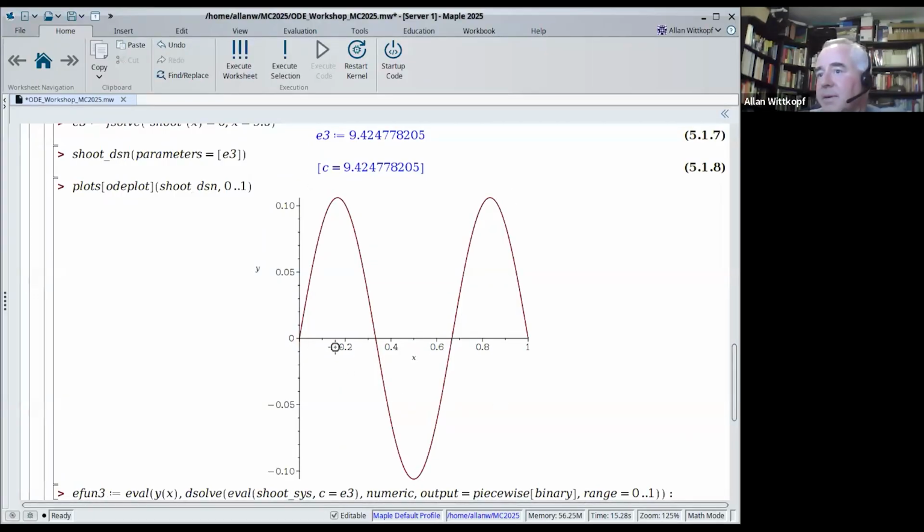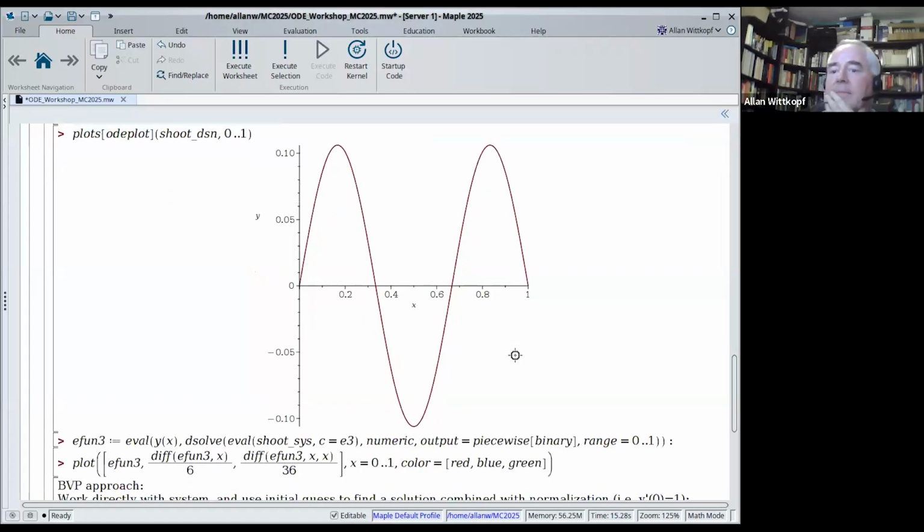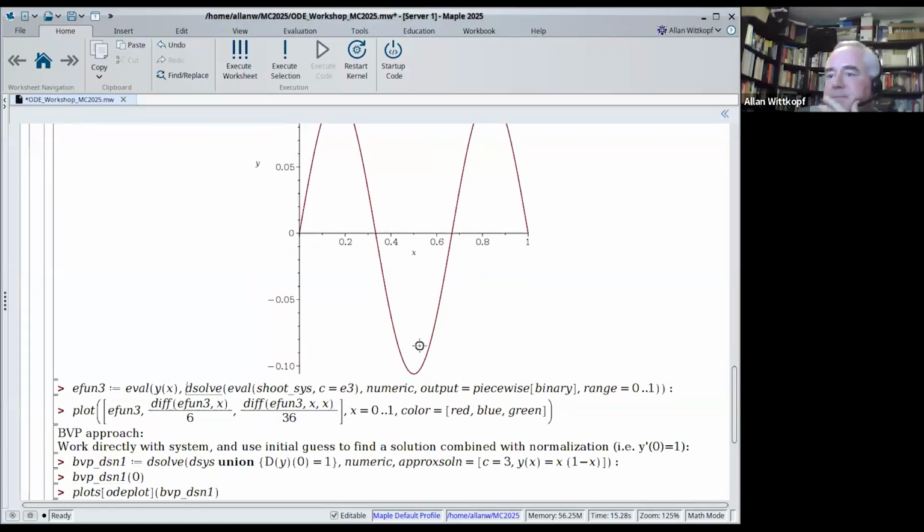And in fact, we get the third eigenfunction for this problem, and we do get y at 1 is 0 as expected and required. I should have probably done a semicolon.